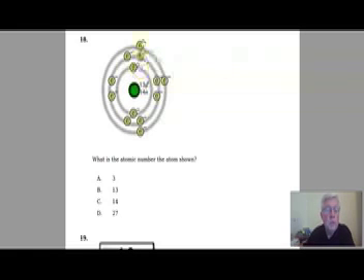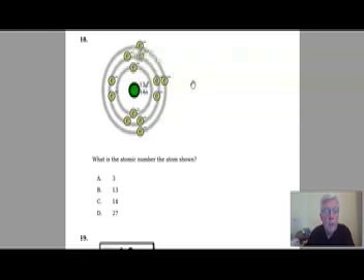So 1, 2, 3, 4, 5, 6, 7, 8, 9, 10, 11, 12, 13. So it has 13 protons and 13 electrons. I'm going to check it again. 1, 2, 3, 4, 5, 6, 7, 8, 9, 10, 11, 12, 13. So if it has 13 and 13, it's got to be neutral.